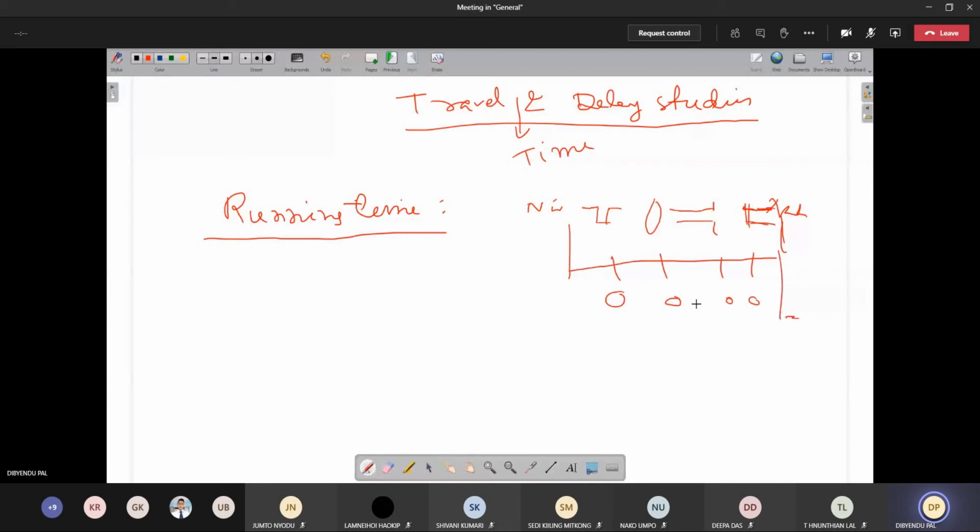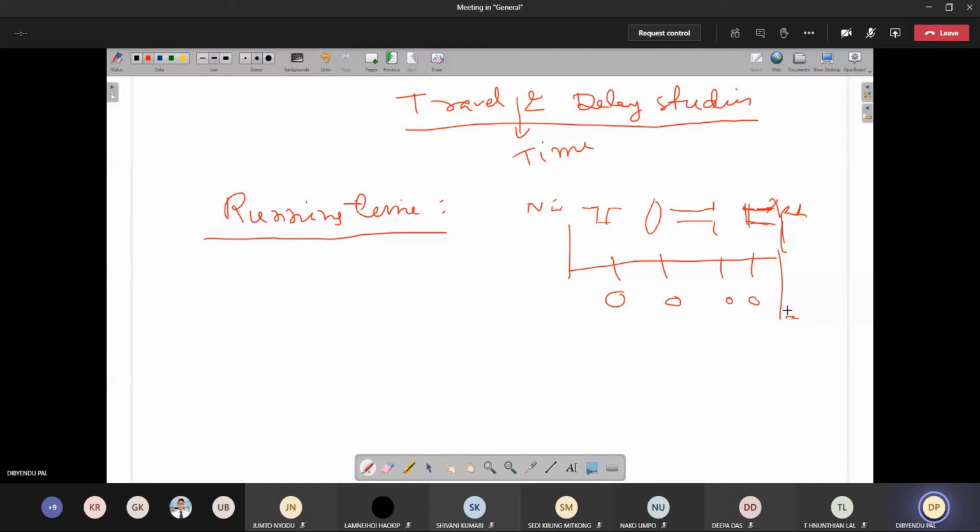So if from your total travel time you deduct the stoppage time, then whatever time is left is called the running time. In that time the vehicle was actually in motion. So whatever time is spent in motion is basically called the running time. So running time will no doubt be less than or equal to travel time.